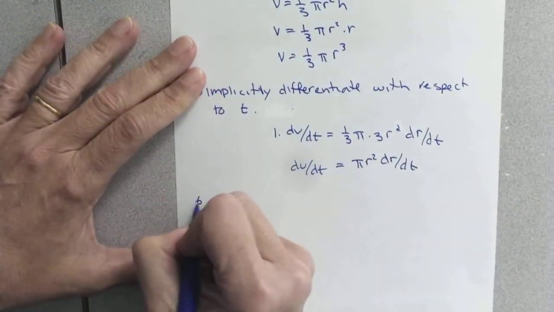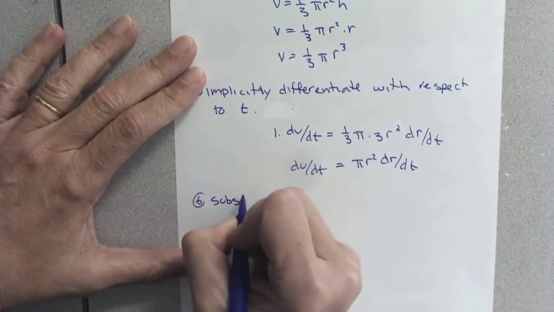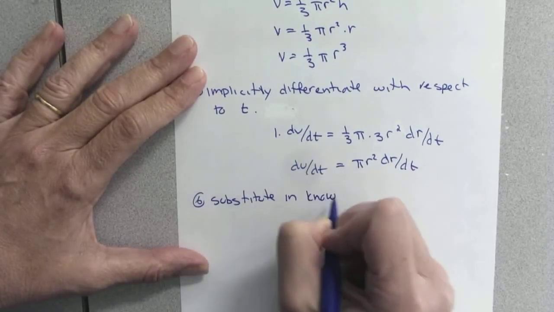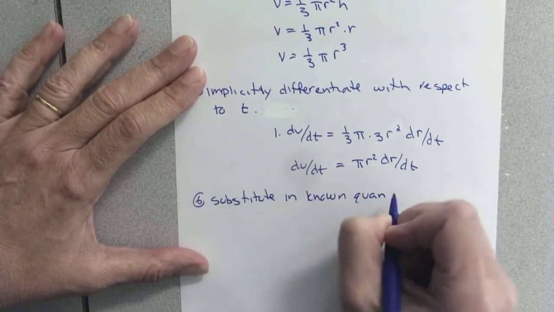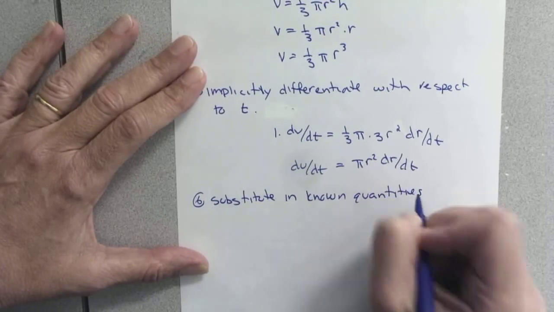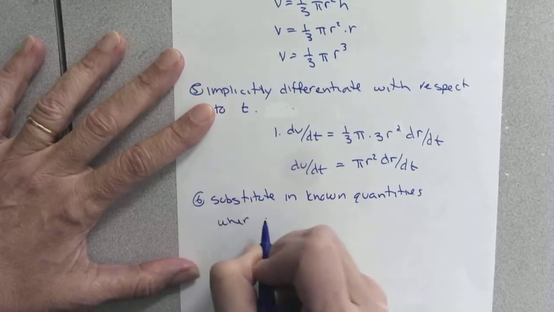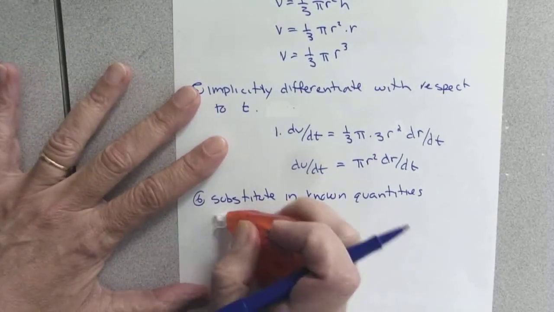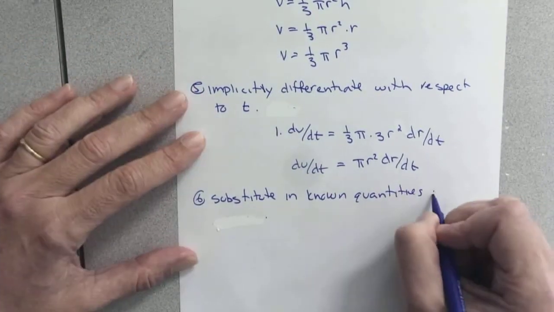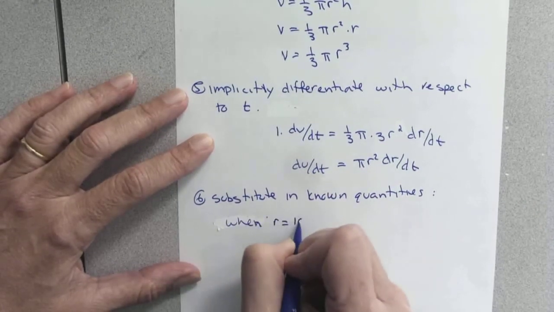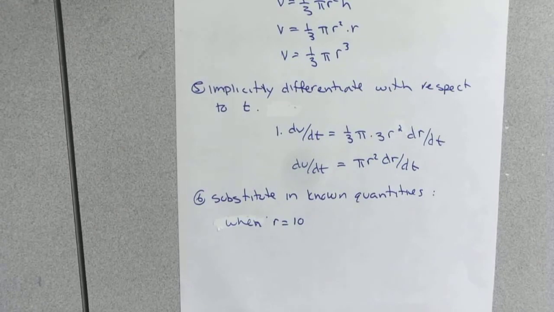Step 6, substitute in known quantities. Which in this case was when r equals 10.